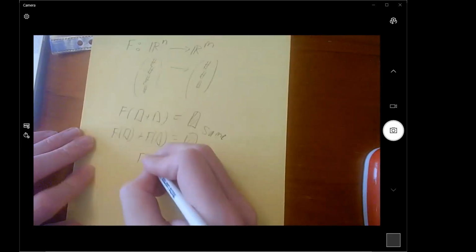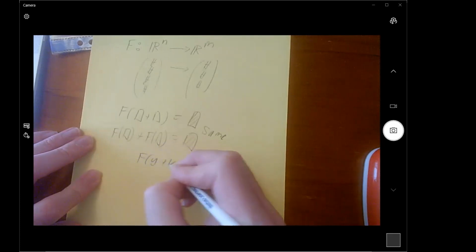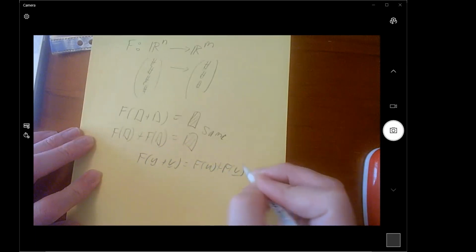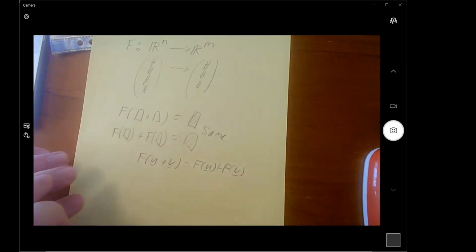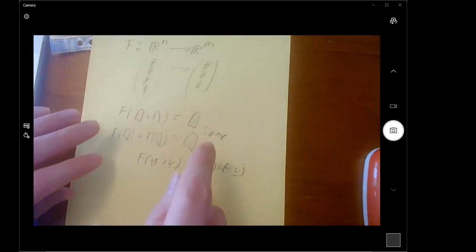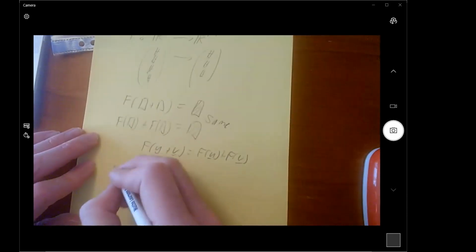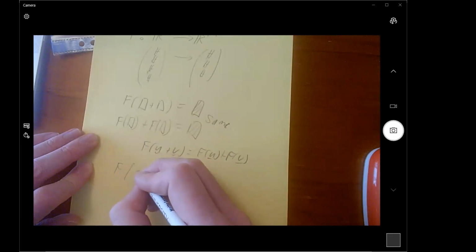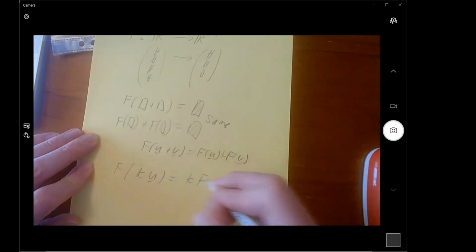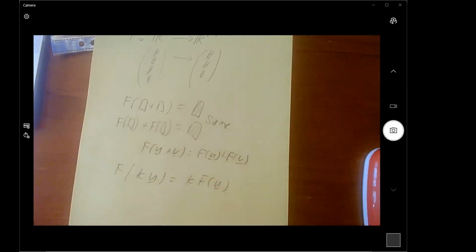What you normally see this as is f of u plus v is the same as f of u plus f of v. The idea is that if you calculate it separately and then add them, you get the same answer as if you add them and then calculate it. And the same thing goes for scalars. F of any number times a vector is supposed to be exactly the same thing as if you figured out f first and then multiplied. That's a linear transformation.